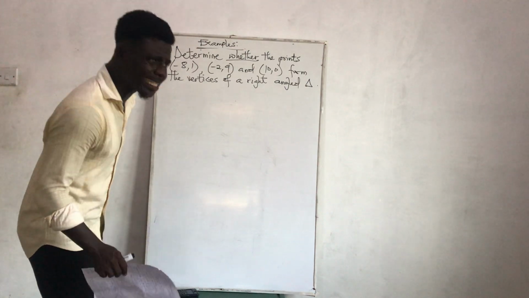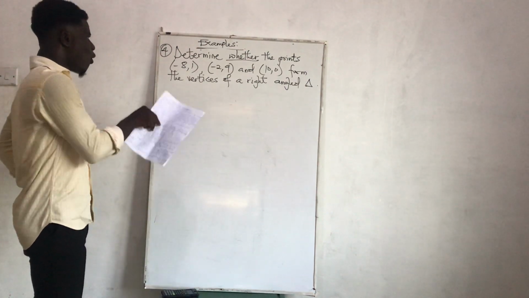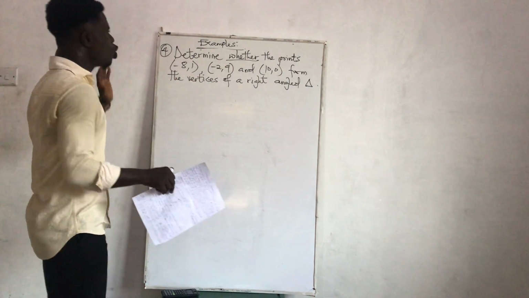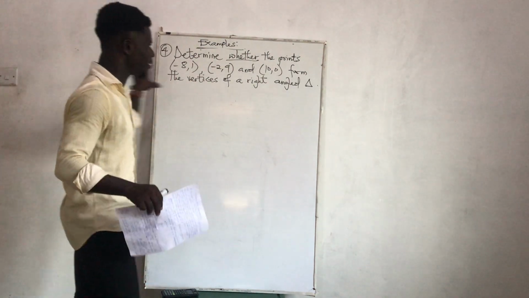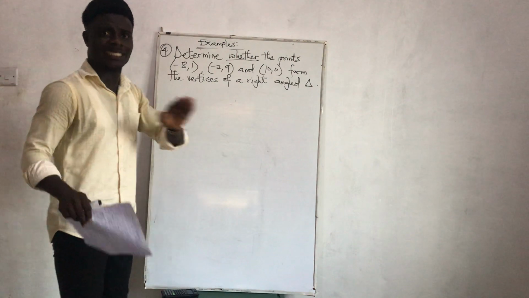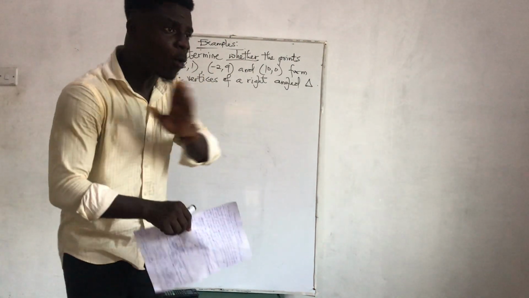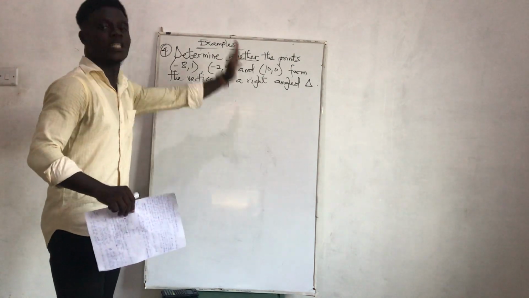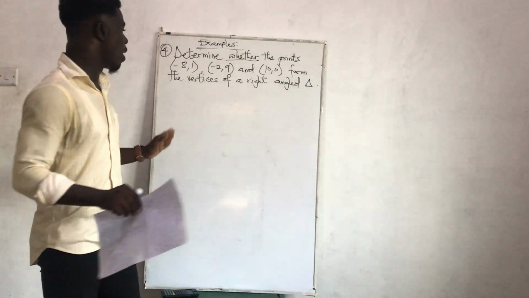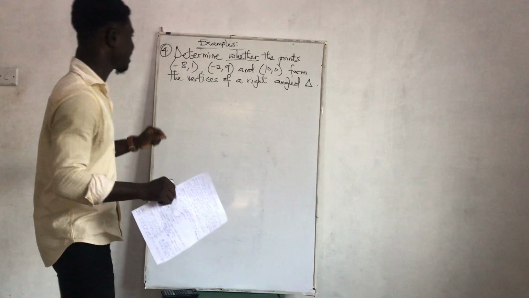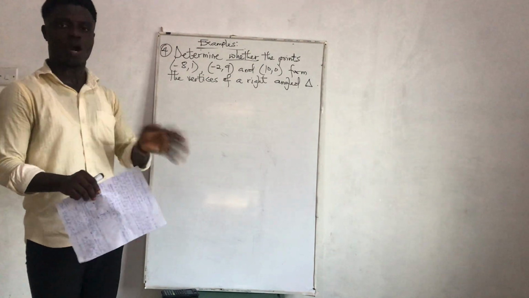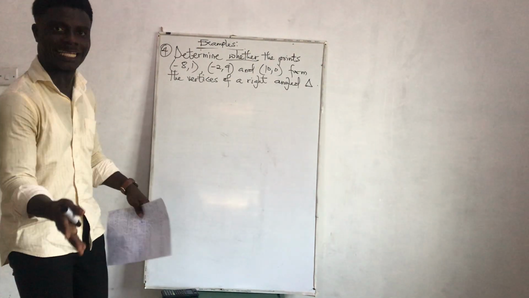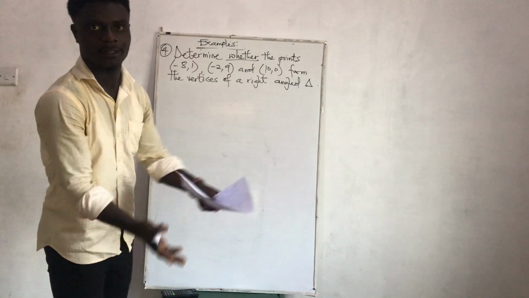But if the question falls in this way, as in show that the points form the vertices of a right angle triangle, my friend, you have no say but to show that these points form that. So when you conclude that they don't form, then you are wrong. They said show that, so you have to show that.